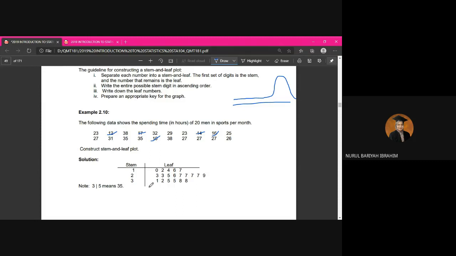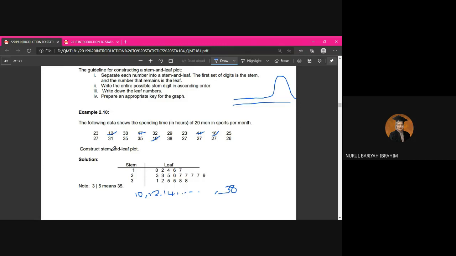So daripada stem and leaf plot ni we can list down the number, our data. 10, 12, 14 until 38. Until 38. We can list down all the data. Okay, if we have only this stem and leaf plot. Alright, that is important. Okay, yang kedua tadi kita boleh tahu juga the shape of the distribution.